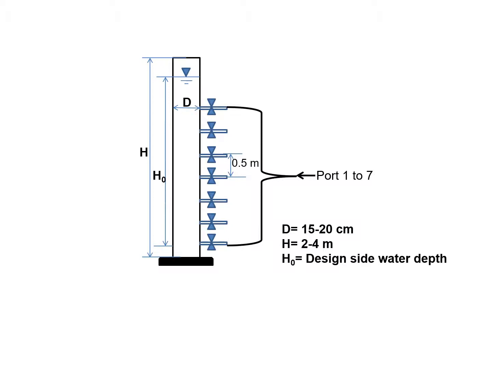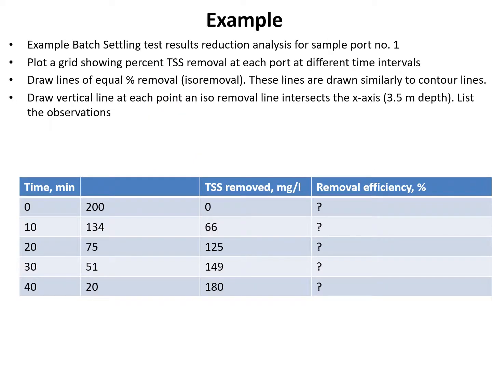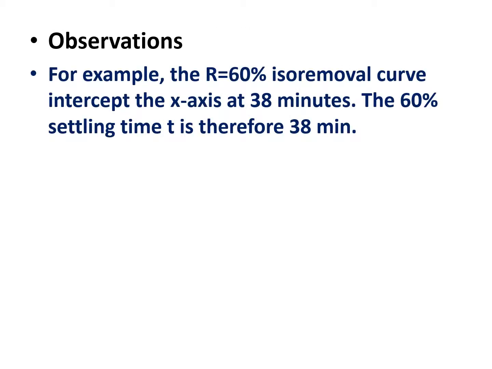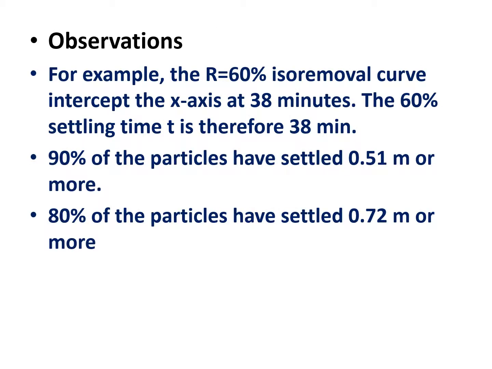In the lab, you see here there's a column, and from different levels you take samples. Based on the settling time, for TSS and removal efficiency, you find the total efficiency of this treatment.